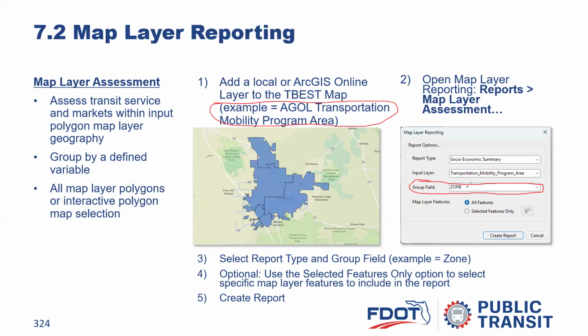So any polygons with the same value for zone will be grouped together. So if there are 10 polygons that have zone A, then it will summarize all 10 of those polygons in one line, right? And so it's basically a group field. And then you have the map layer features, all features or selected features only. So we'll explore both of those.